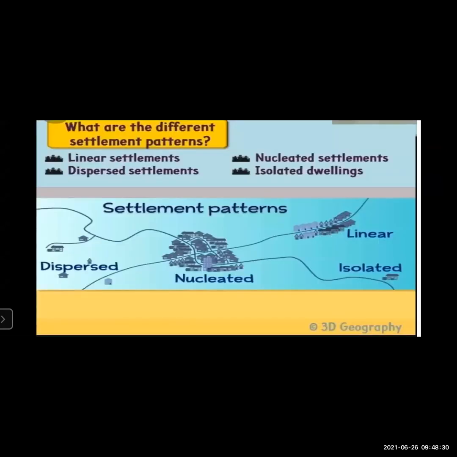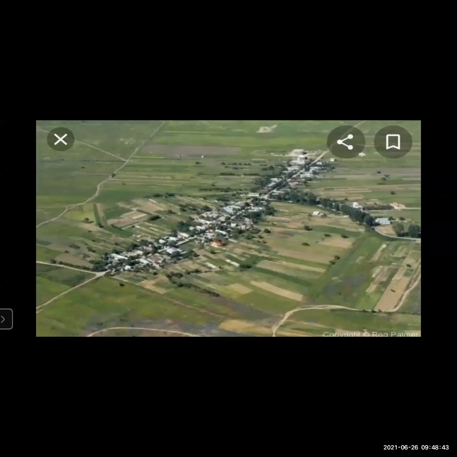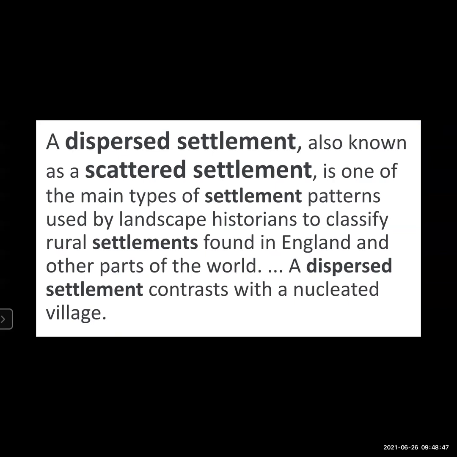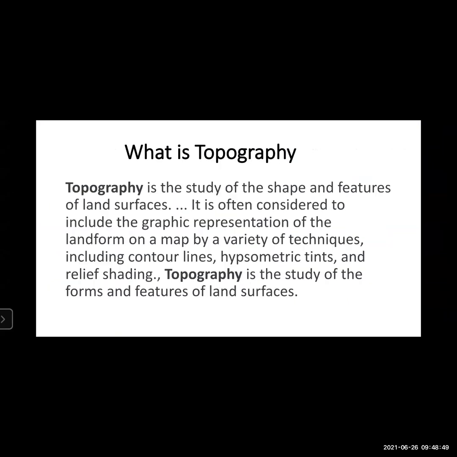Then different types of settlement patterns. We have seen linear settlements, dispersed settlements, nucleated settlements, isolated settlements, etc. Now topography. We learned what is topography and the difference between relief and topography.